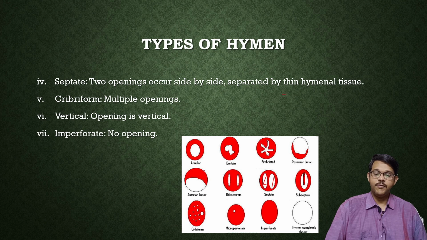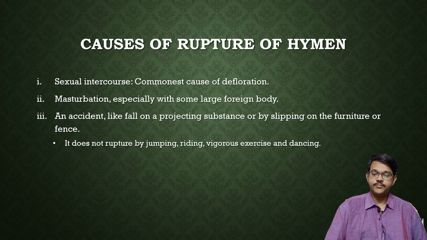It may be cribriform, where there are multiple small openings. It may be vertical, where the opening is vertical, or imperforate, where there is no opening at all. This is seen in very rare cases where the hymen is completely obliterated, with no opening, and is very thick. In those cases, surgical intervention is often required.